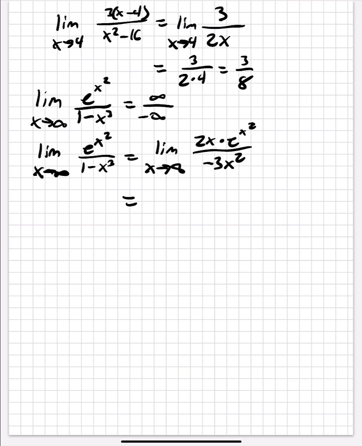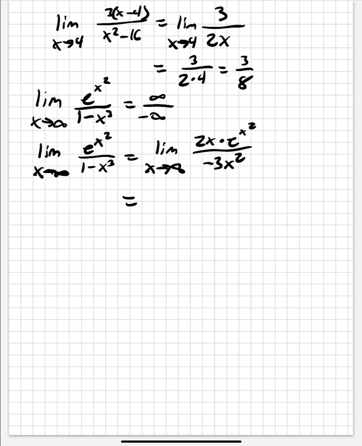Just check it each time you take the derivative and see if you still are getting some kind of infinity over infinity, and you can keep going until you have constants, and then that will tell you your answer. But we want to solve it, of course, as quickly and as efficiently as possible.